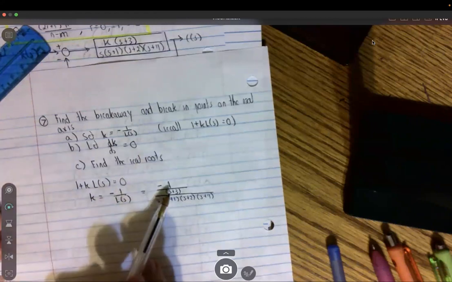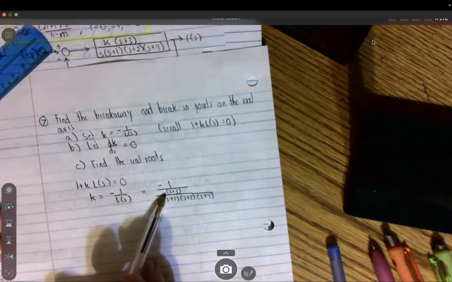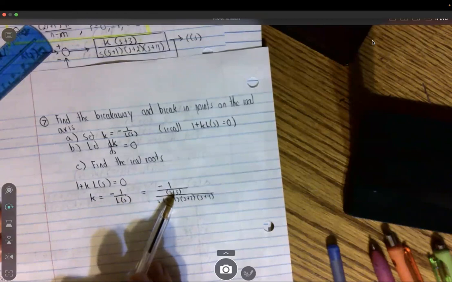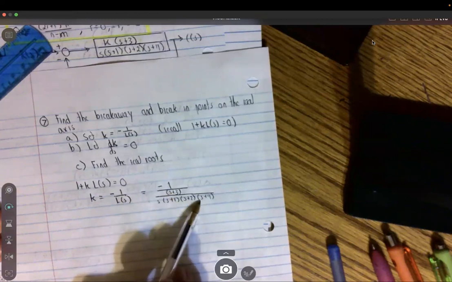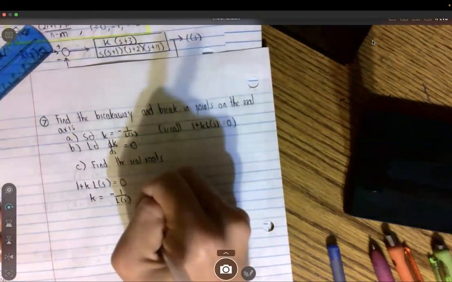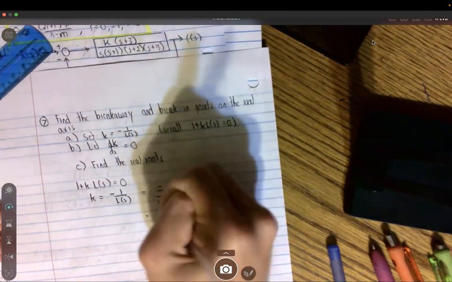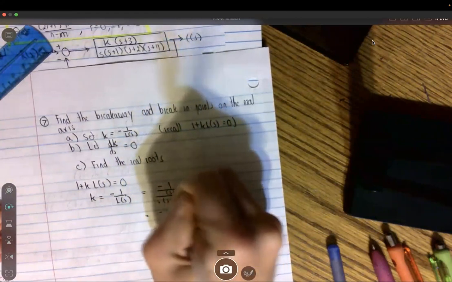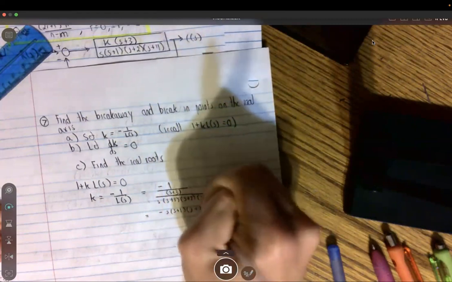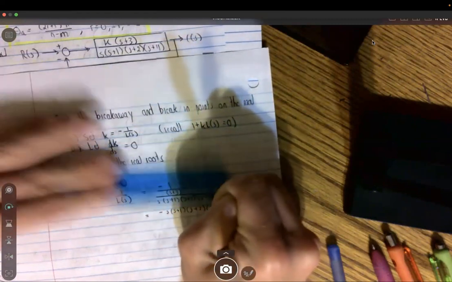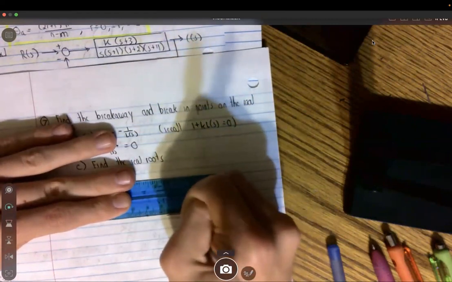Because it's a fraction divided by a fraction, the bottom fraction can move up into the numerator. So we get negative s times s plus 1 times s plus 2 times s plus 4, all over s plus 3.